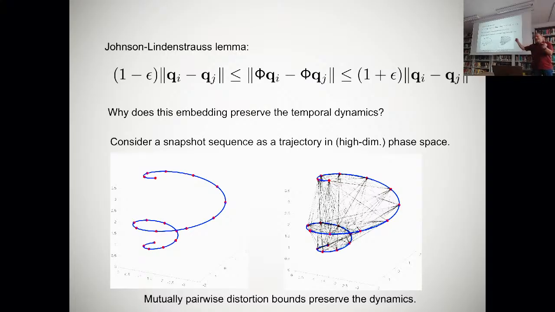Maybe 99% or 101%. So if every stick that is there cannot move by more than 1%, this intuitively preserves dynamics. You can make that more rigorous.